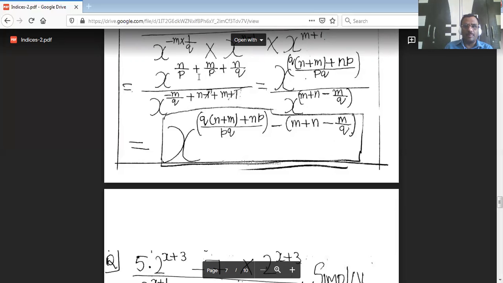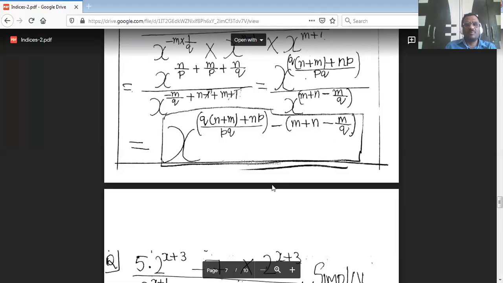If you say p and p, q is missing, so we multiply both numerator and denominator by q, and this is going to be n plus m into q. Now for np, the denominator q is there, and the same LCM is applied here, so we apply p on both numerator and denominator. That's what the basics are all about. Probably we all know about this LCM and how these conversions are made.